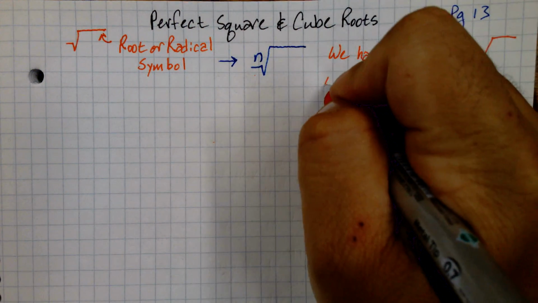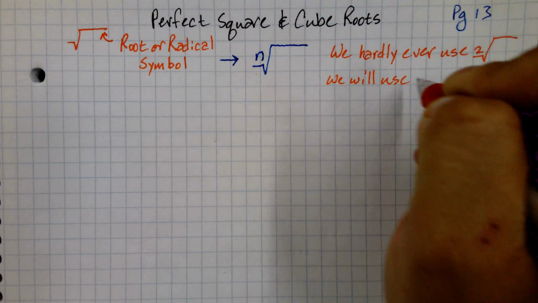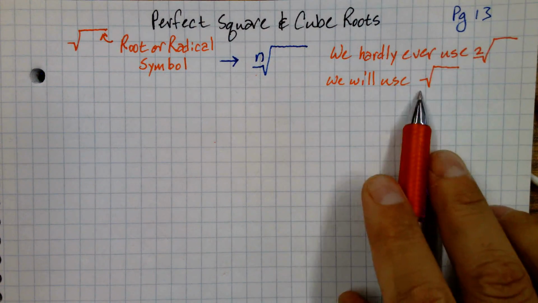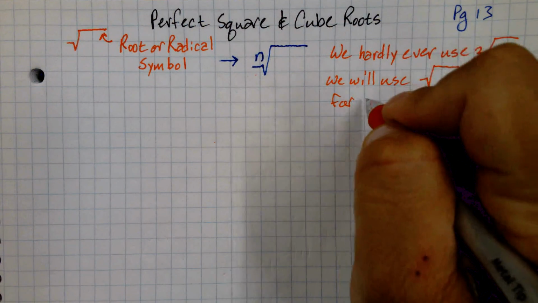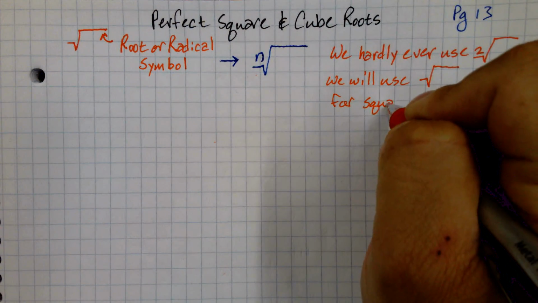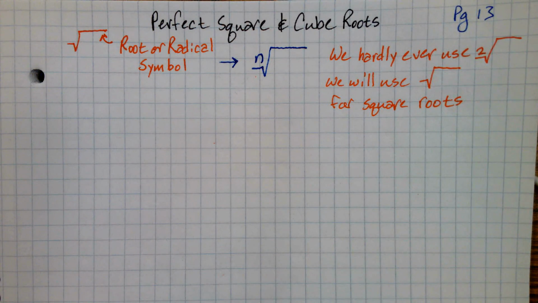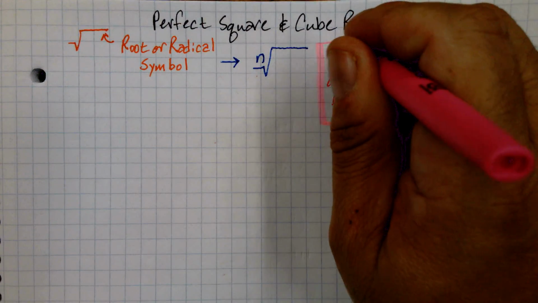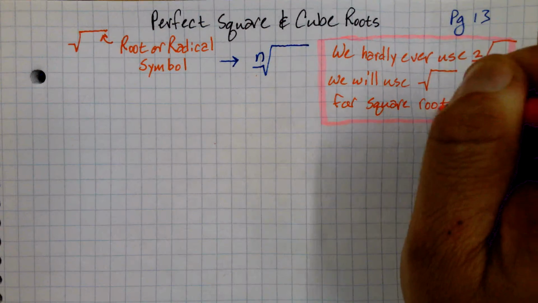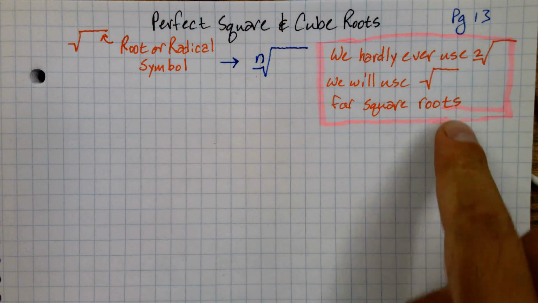So for that reason, we will use just this without the 2 for square roots. Just want to point that out because whenever you see it without the little number up in the upper left, it means it's a square root.